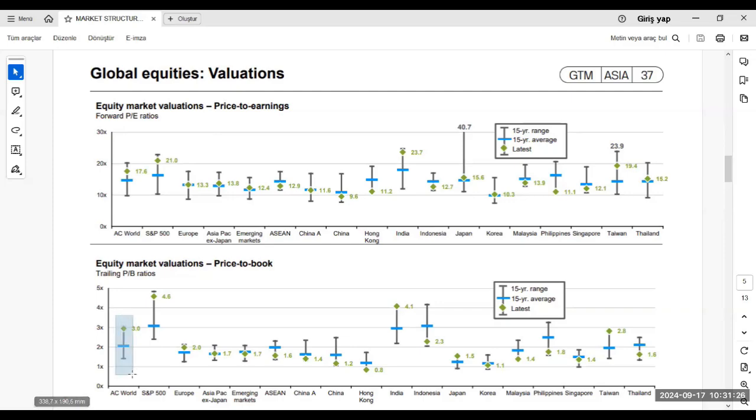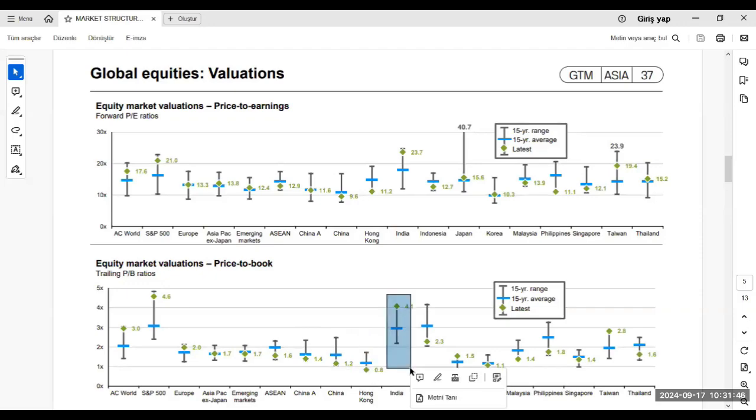Expensive, expensive, because the average is here and the latest value is here. So it is expensive. But what about the cheaper ones? China, cheap. Hong Kong, cheap. But please look at India, expensive.